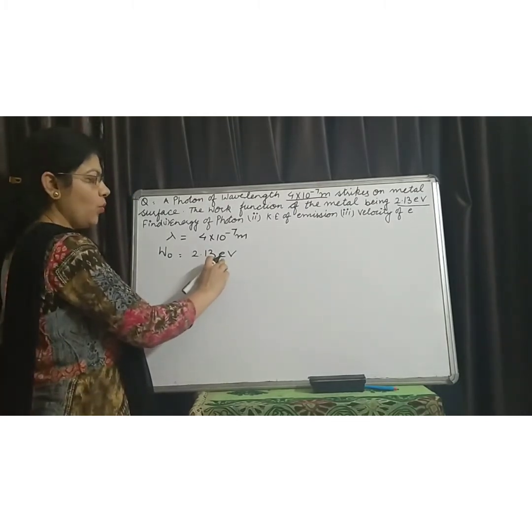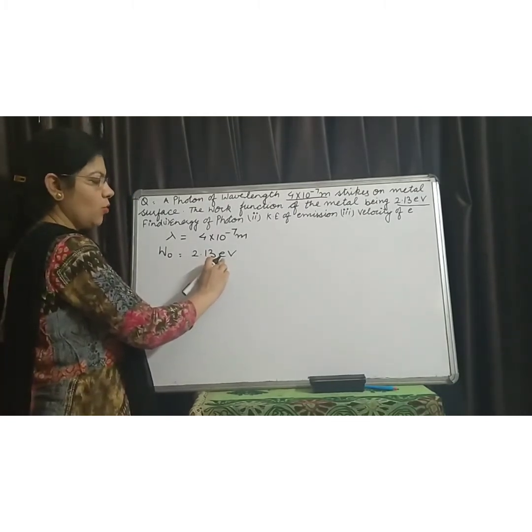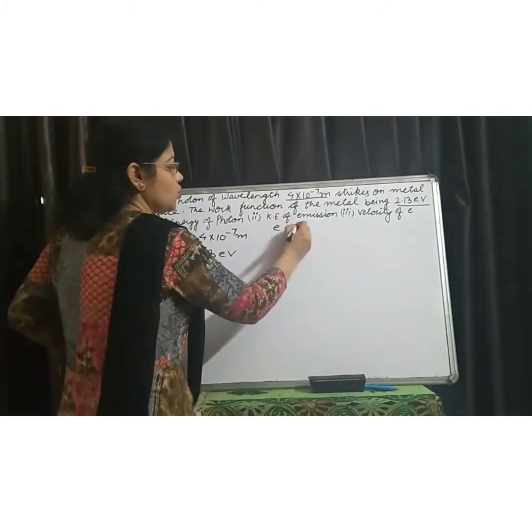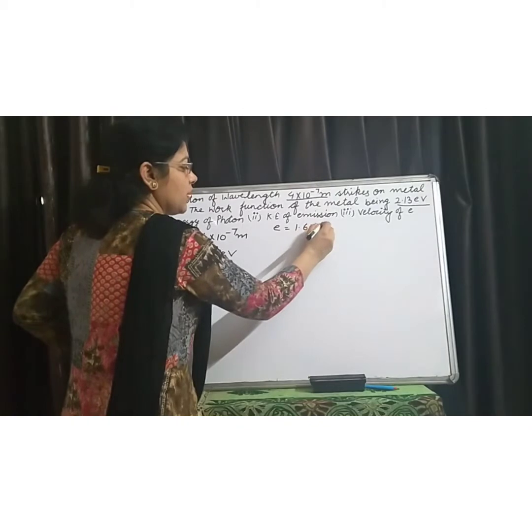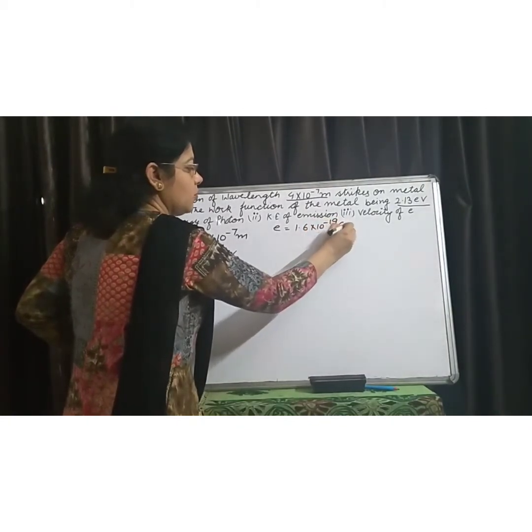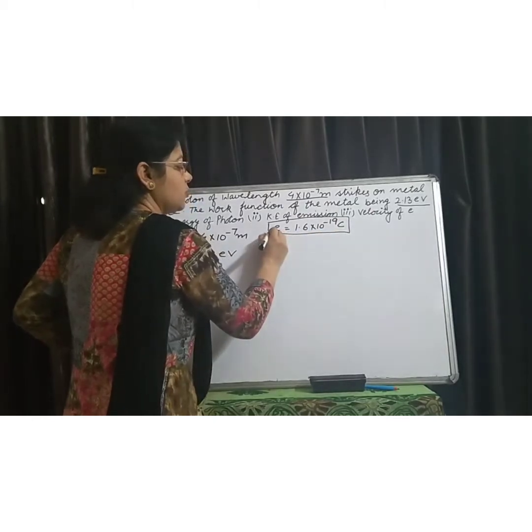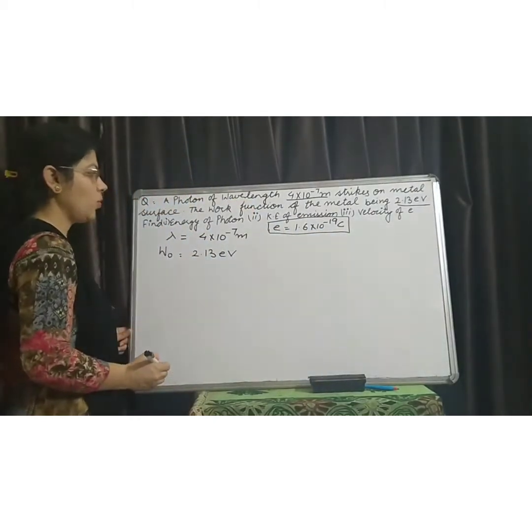Here, electron means the charge on the electron, which is 1.6 × 10^-19 coulomb. This is the value of the charge present on one electron.